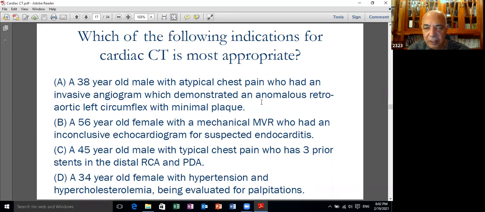So there is no chance that it gets compressed between the aorta and the pulmonary artery, or between the aorta and the right ventricular outflow tract. So a circumflex arising from the right coronary artery or from the right sinus of Valsalva is always benign. You don't need CT to confirm its pathway.